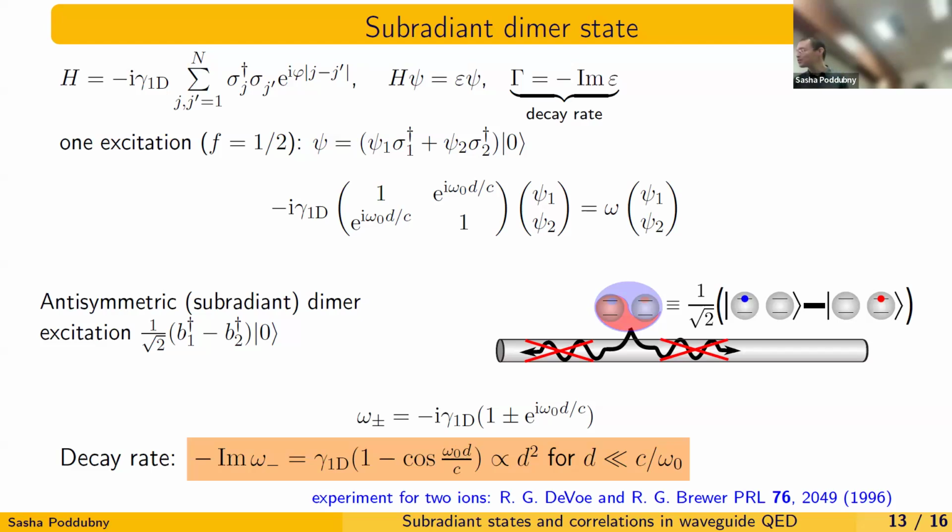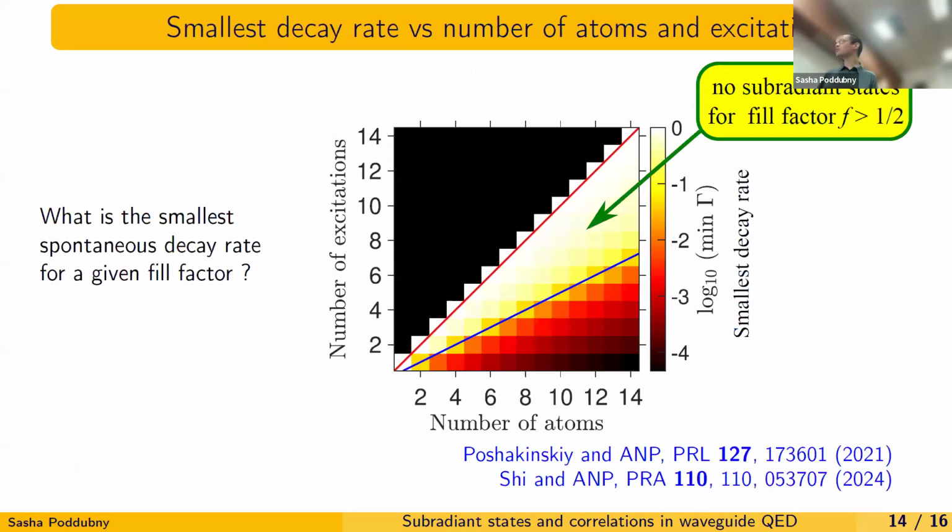But how general is this finding? So we calculated, we considered arrays of atoms up to 14, and you can have up to 14 excitations. And for each number of excitations, we have plotted by color the smallest decay rate.